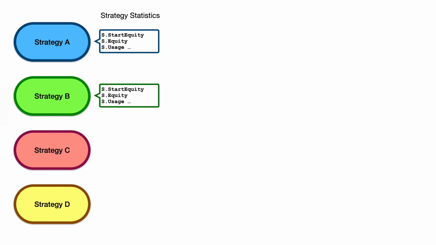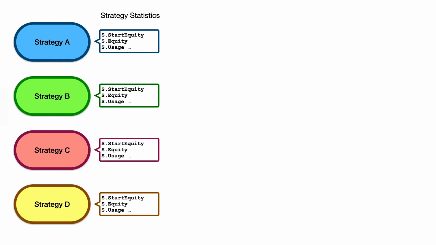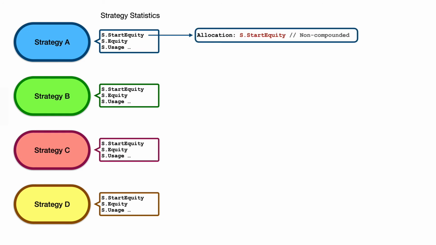Each strategy has its own set of statistics, and they're accessed using the same variables. RealTest has a particular command that we use to determine how much equity is assigned to each strategy, and that is the allocation command.